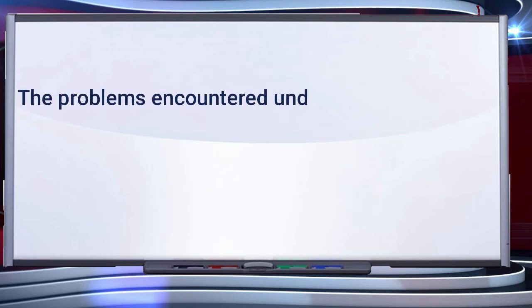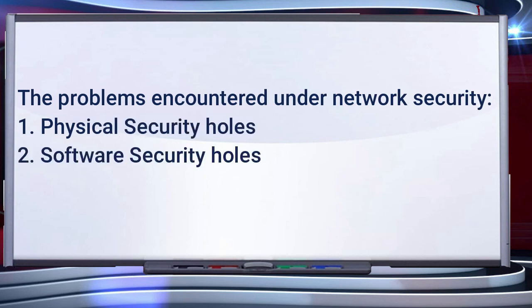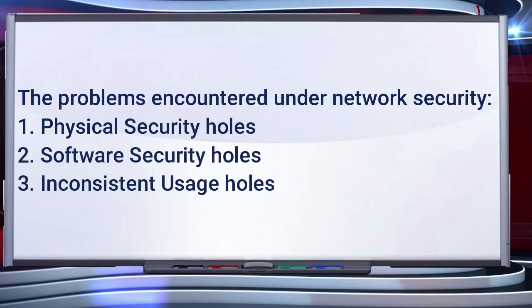The problems encountered under network security can be summarized as follows. First is physical security holes, when individuals gain authorized physical access to a computer and tamper with files. Hackers do it by guessing passwords of various users and then gaining access to the network systems.